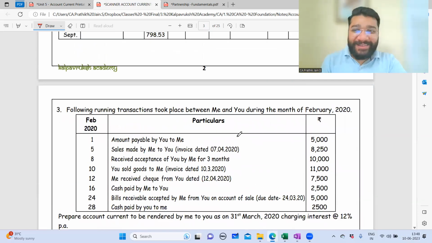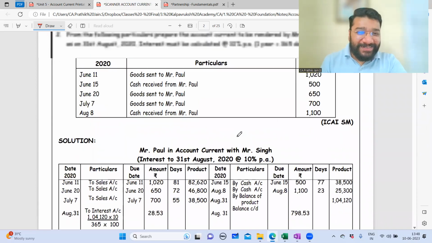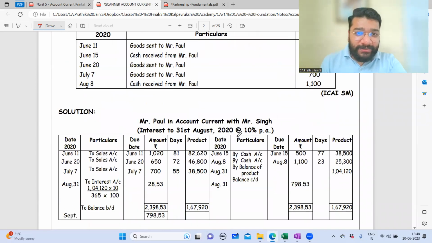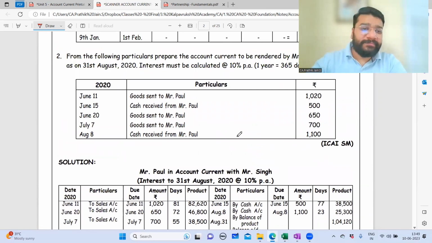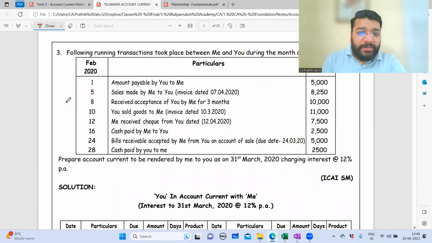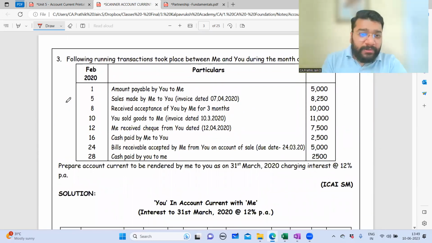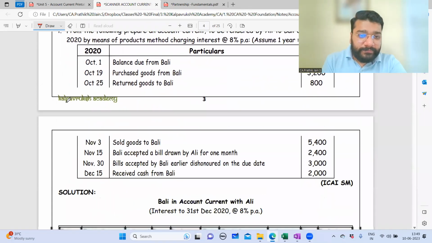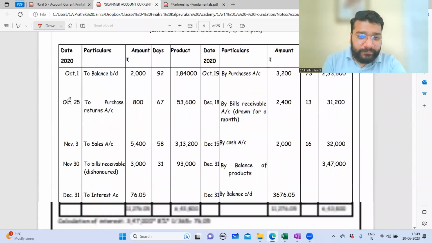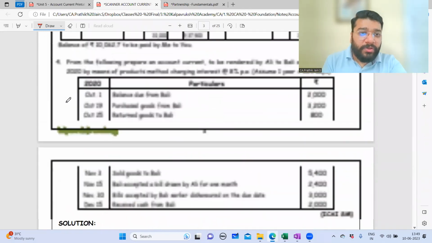Homework, no need to fear. Second question, try it, homework. Third question, leave it pending. Fourth question you can try.